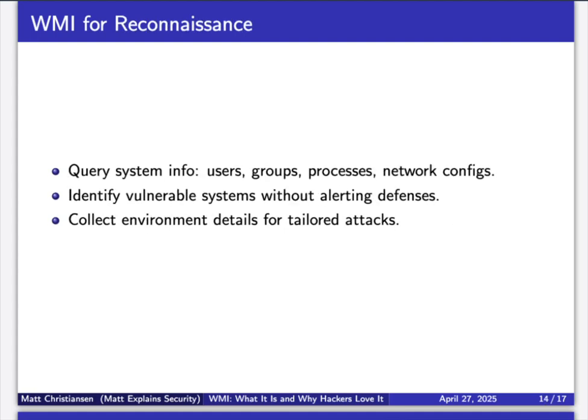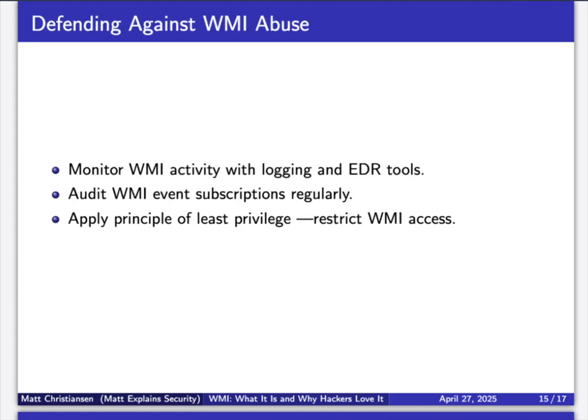And then for reconnaissance, querying system info, getting more data on your target, and learning more about the different pathways you can do to find more targets. There's a lot of damage that you can do in the reconnaissance element and gathering more data for your malicious attacks.